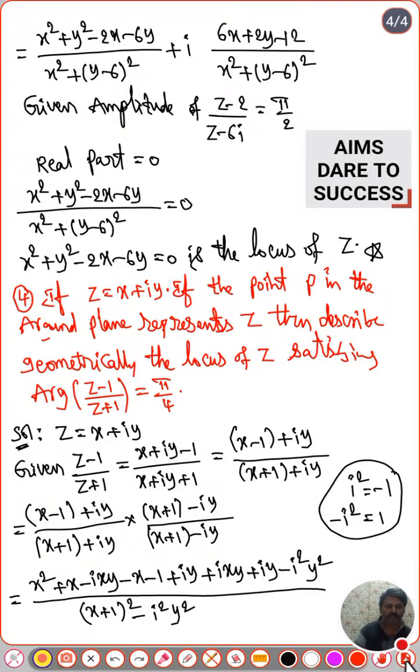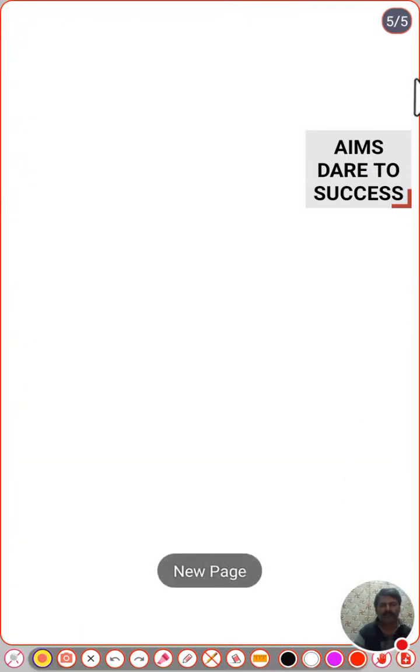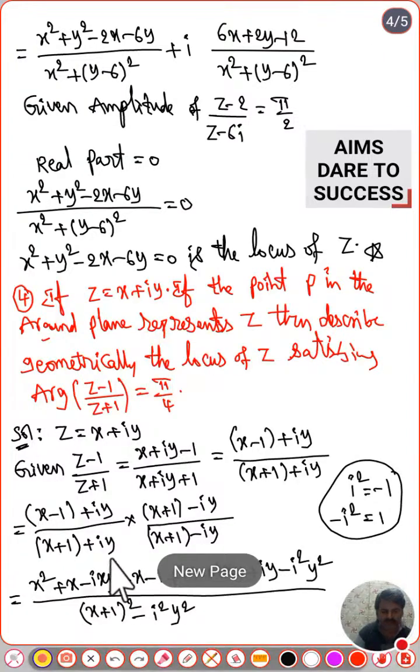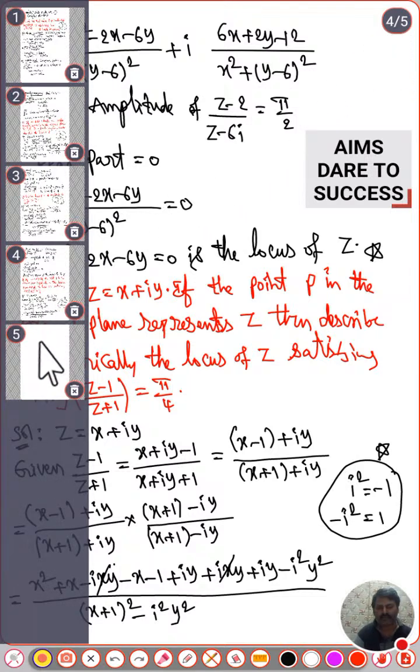Now here we can cancel: minus ixy plus ixy get cancelled, plus iy minus iy get cancelled. The remaining real part and imaginary part we can take individually.